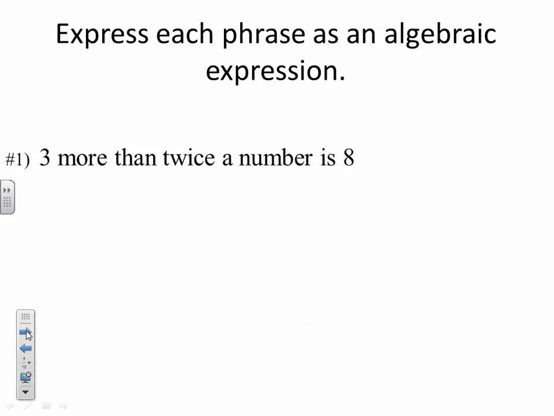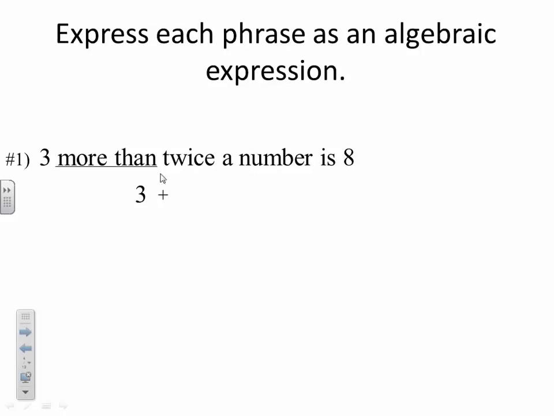So let's try one here. This says 3 more than twice a number is 18. Okay. Well, the 3 is the 3. That should be obvious. More than means plus. So could you go back and, for a synonym for addition, put more than? Absolutely. So we've got 3, we've got more than, and then twice a number. The a number part, we don't know. A number is a variable.